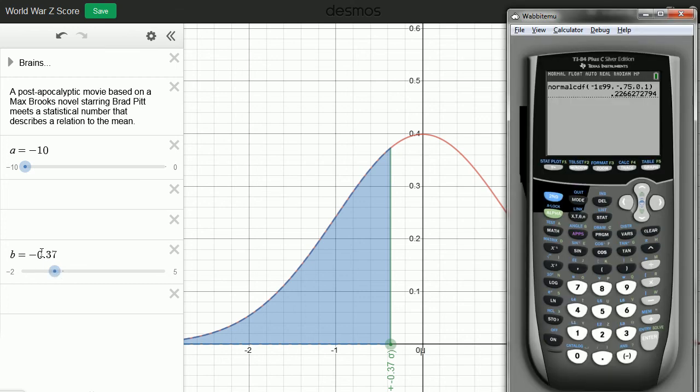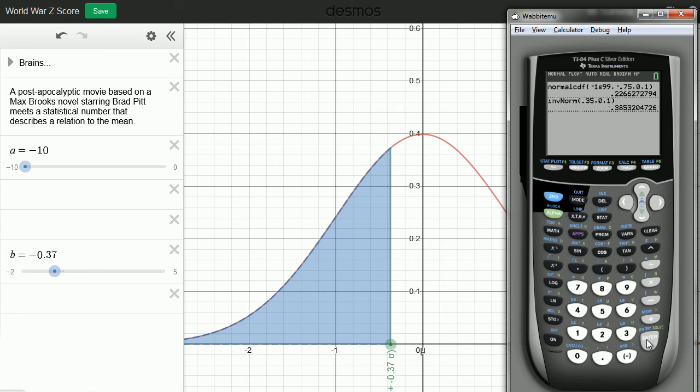Thankfully, there's a more reliable way to do this in our calculator. We go second vars, and we select number 3 and hit enter. So the area we are looking for is 0.35, and we leave the mean and the standard deviation the same. Enter on paste, and enter again. So we get negative 0.38532, and so on.